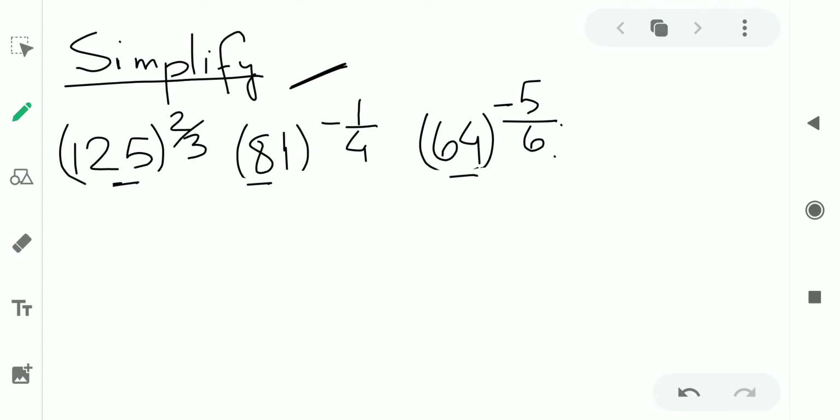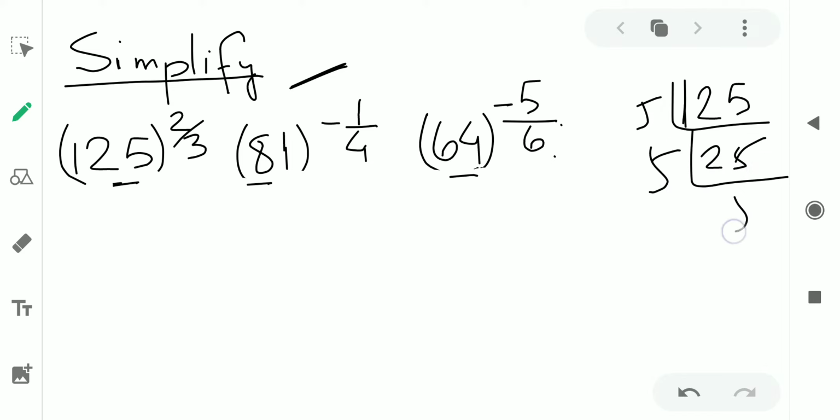And how to convert? Just find its factorization. Let's just factorize it first. So 125, if you factorize it, you'll get 5 times 25, and again 5 times 5 is 25. So here 5, 5 and 5, you'll obtain 125 if you multiply 5 three times. That is nothing but 5 cube.